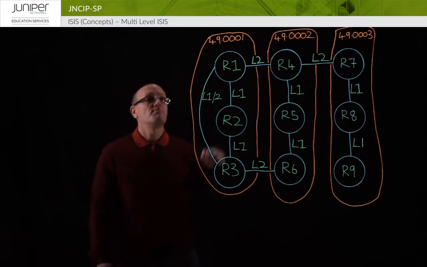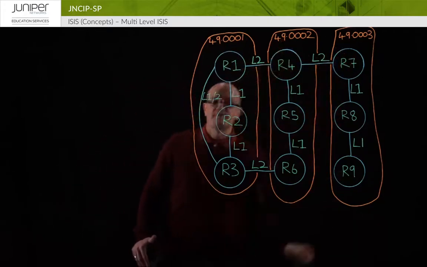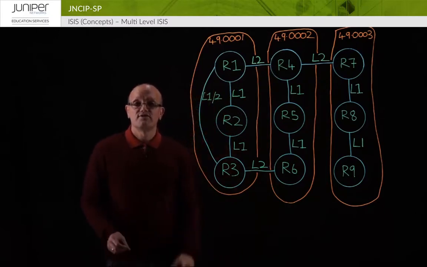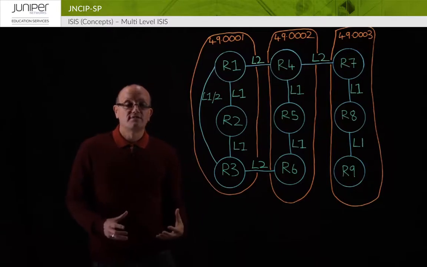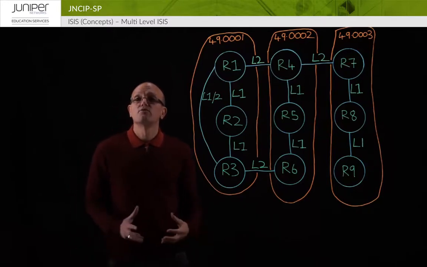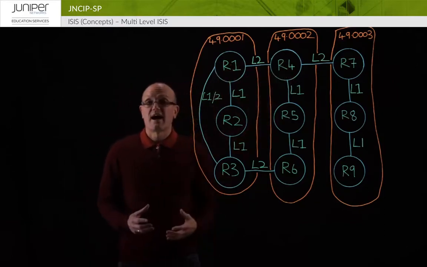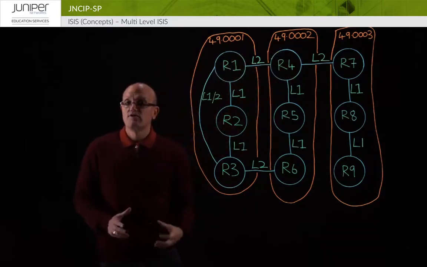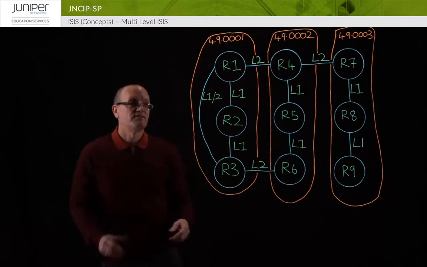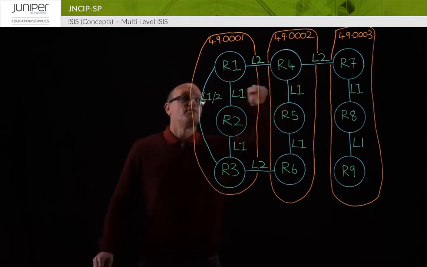And the main purpose of the area ID is to restrict the formation of level 1 adjacencies in a multi-level ISIS environment. You'll not form a level 1 adjacency between 2 routers that have a different area ID. So we could never form a level 1 adjacency between R1 and R4, for example.